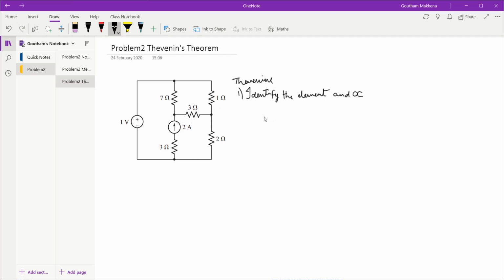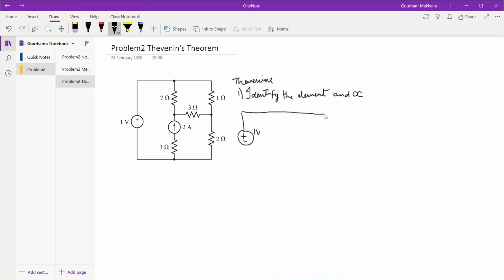Once I open circuit this 7 ohm branch, I'll try and redraw the circuit. So this is how it would look. This is my 1 volt source.